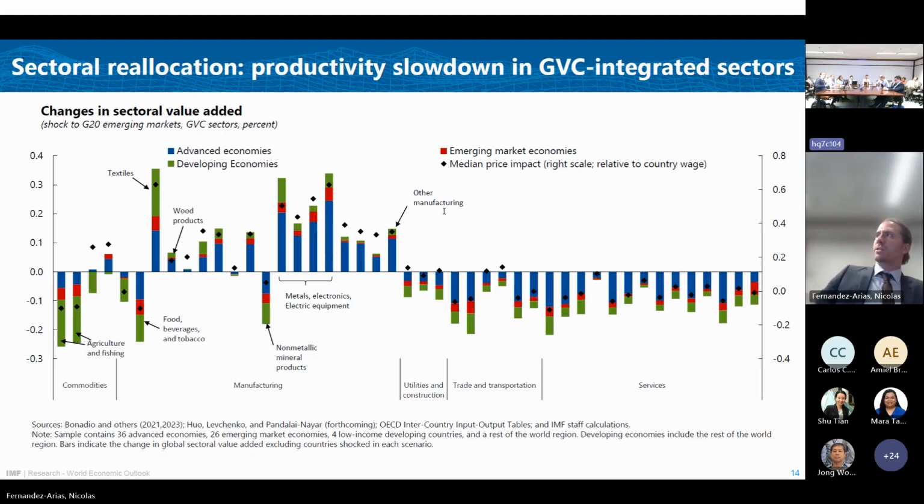So the decline in commodities production and the increase in textiles are relatively larger contributions from developing economies, whereas the expansion in metals and computers, electronics, and electrical equipment sees a relatively larger contribution from advanced economies. So this speaks to different roles that different income groups play in the global economy, and therefore the nature of their sensitivities to shocks from G20 markets.